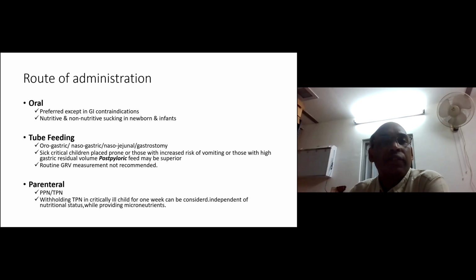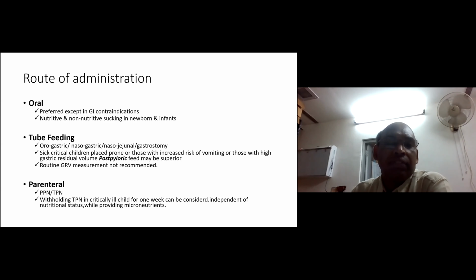Coming to which route of feeding should be used, if the oral route is available, you must go for that. Newborns and small children must be encouraged to do nutritive and non-nutritive sucking. If the oral route is not available, then tube feeding must be tried, like orogastric one-time feeds or nasogastric for a short time, like 2 to 3 days.